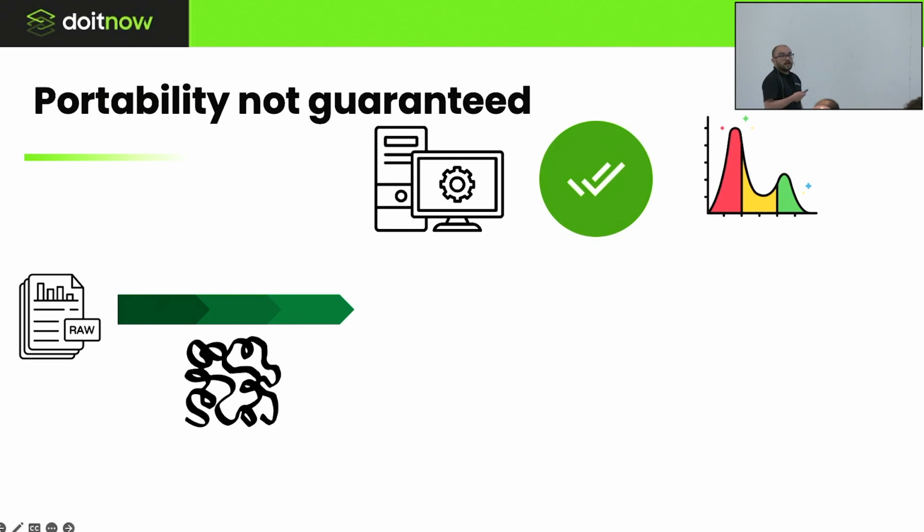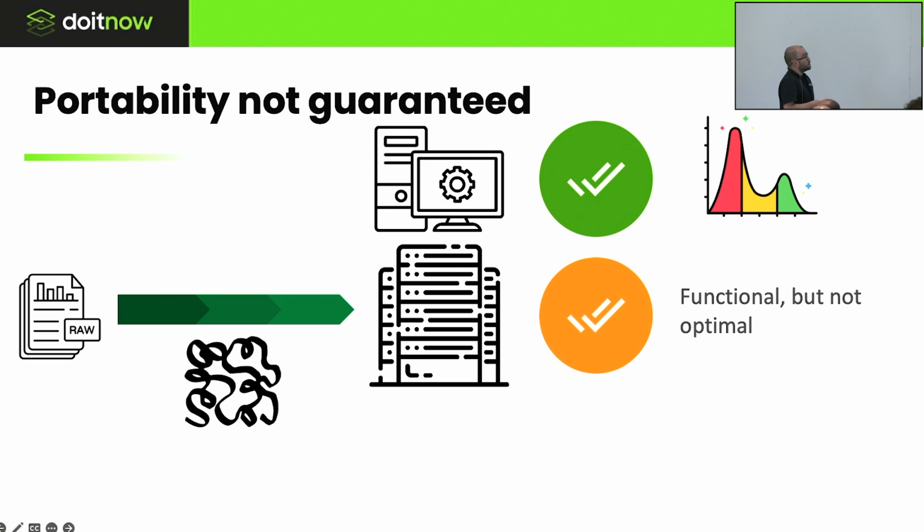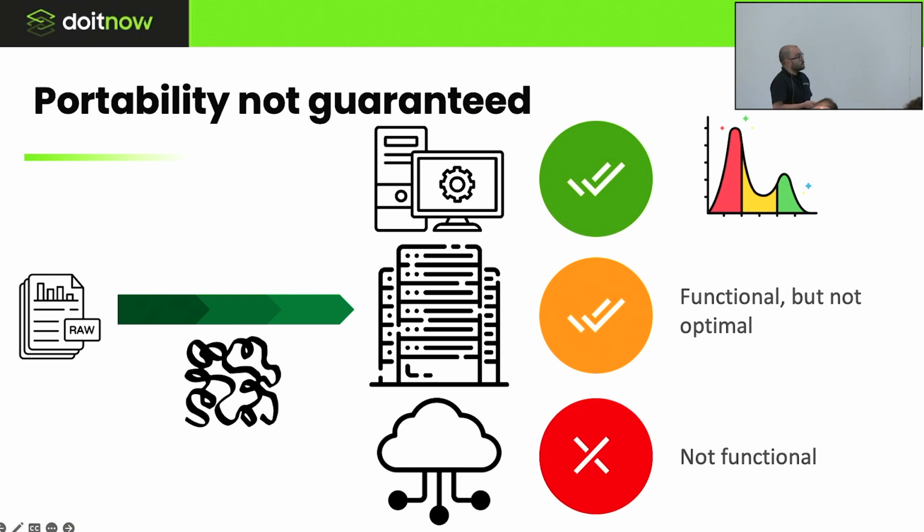Maybe it's easy to make it available on another laptop or workstation, but when you migrate it as it is into an HPC, you may have a functional one, but it's not the optimal solution because it's not using all the instruction sets, or even, in the worst case, it's not functional.